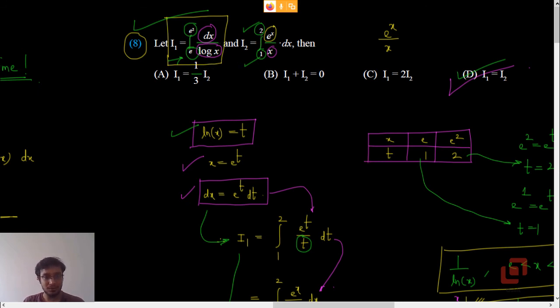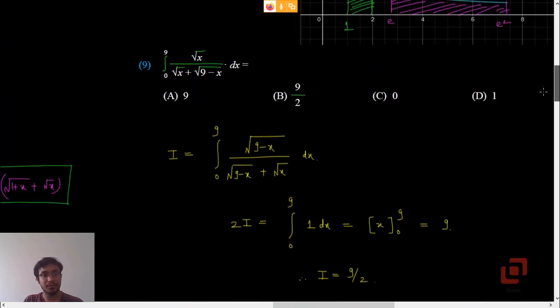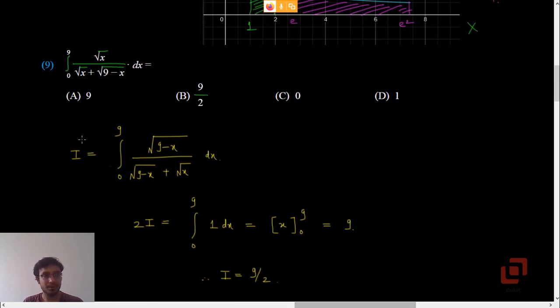Let's go to the next one now. We have two more problems. Question 9. Integral 0 to 9 root of x upon root of x plus root of 9 minus x dx.